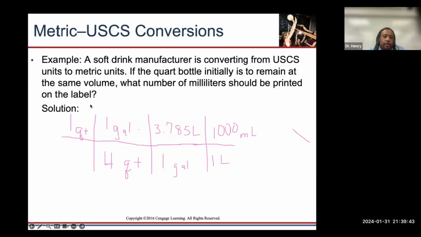So remember that these lines represent multiplication. And then this line represents division. Okay, so go ahead and multiply everything up to the top.